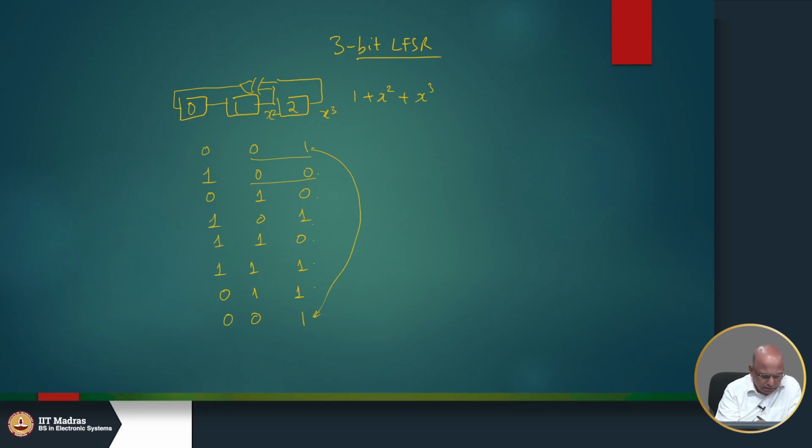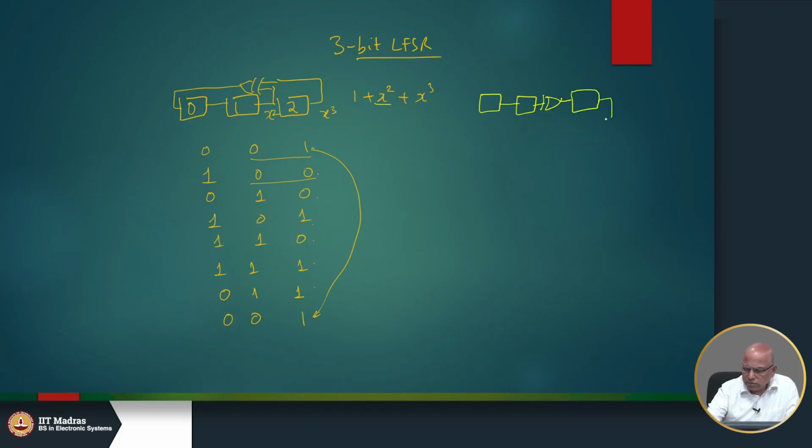Now, let us form the same thing using Galois. Okay. How do I do that? The first one should have 2 flip-flops ahead of it, then an XOR gate, and then this. Only one XOR gate will be there.